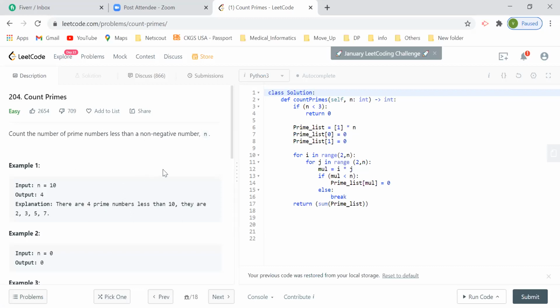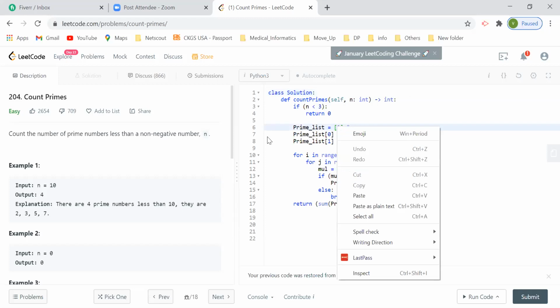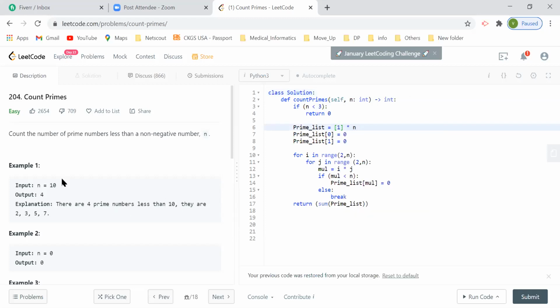So basically, for example, the number of prime numbers less than 10. So we need to find out how many prime numbers are there less than a certain number, right?